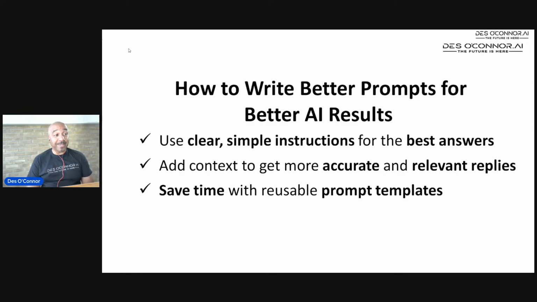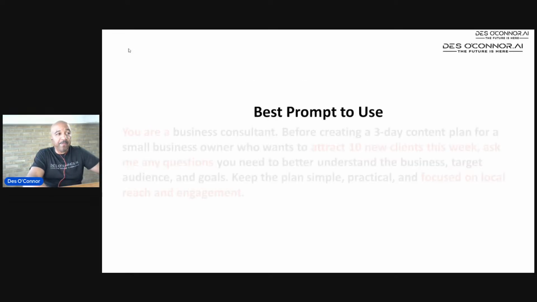So you need to use clear, simple instructions for the best answers. Try to avoid saying, I want more information about X. Tell it what you want it to be. Say you are a business coach. You are a relationship coach. You are a consultant that specializes in helping the media industry, or whatever you want it to be. Be more specific, because the more specific you are, the better the results will be for you.